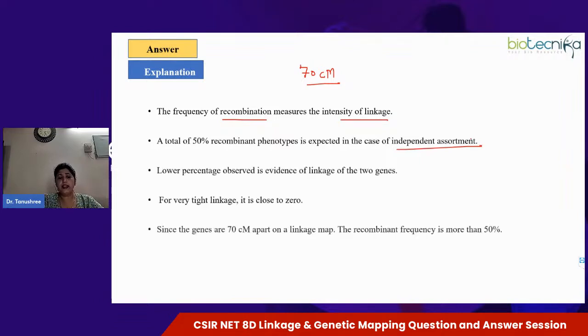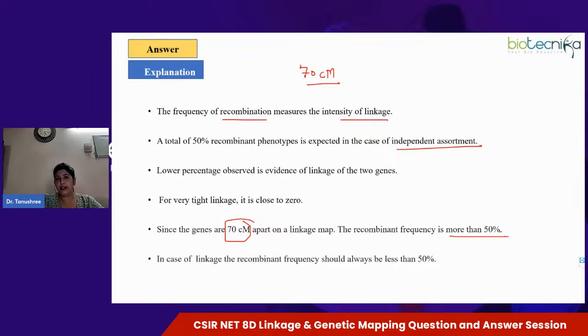Now here it is mentioned that the genes are 70 centimorgan apart. So recombination frequency is more than 50%. So definitely it is not the case of linkage, right? And because it is not the case of linkage, definitely we will not get the parental genotype more, right?